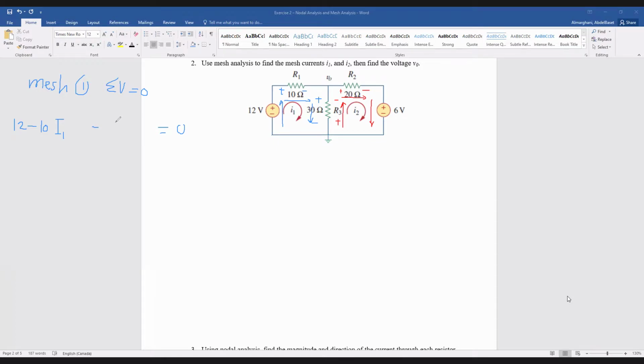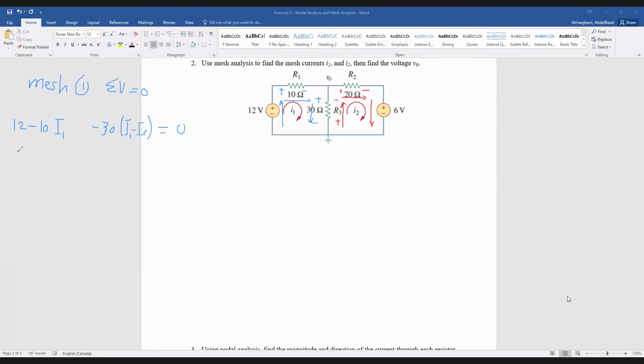Here, resistance is 30. And the current, I have two currents. So the one in my direction is positive, which is I1. And I2 now is opposite. You see here, I1 is going down, I2 is going up into this resistance. So it is minus I2.